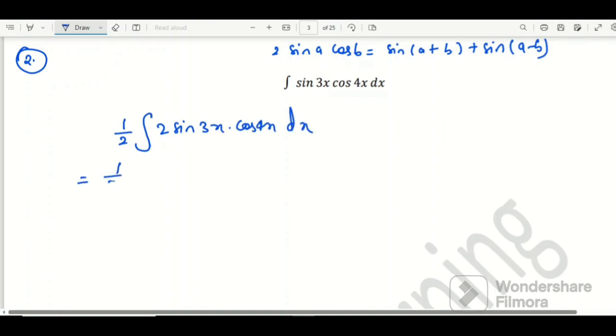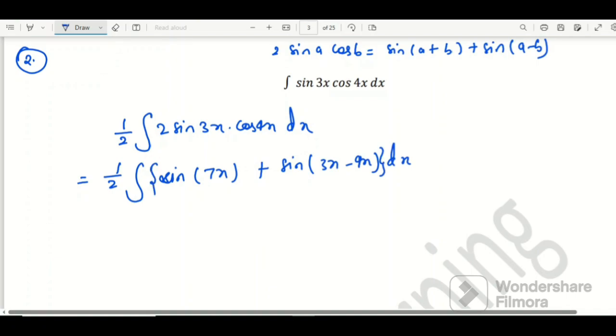So now once I apply this formula, I will get sin 7x plus sin 3x minus 4x dx. And we know that sin minus theta is equal to minus sin theta.